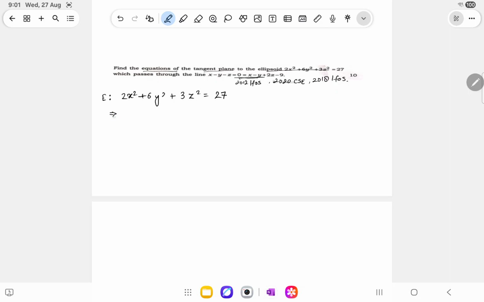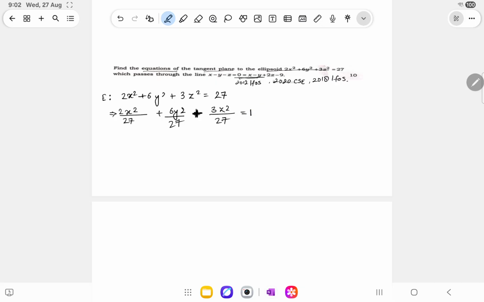So if I reduce it to the general form, it will be 2x square upon 27 plus 6y square upon 27 plus 3z square upon 27 is equal to 1.